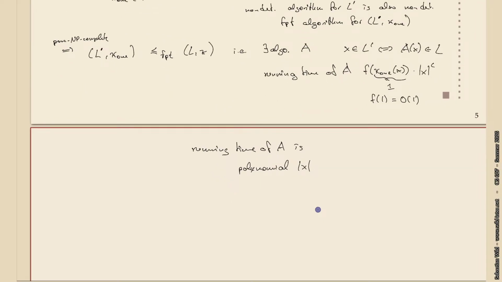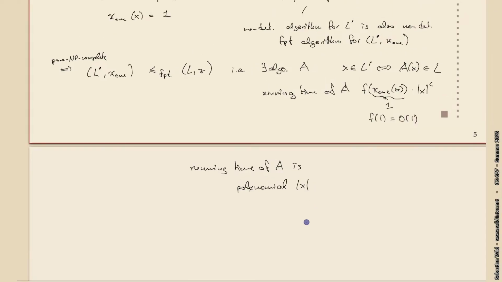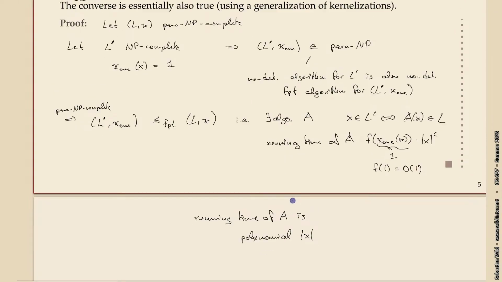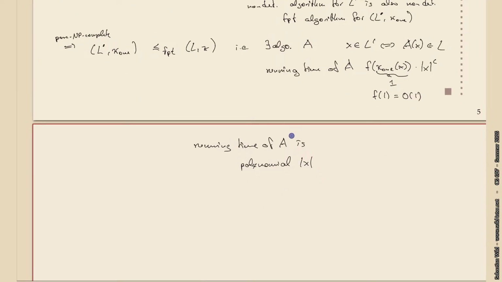And that also means we also have an algorithm B for our parameterized problem here.